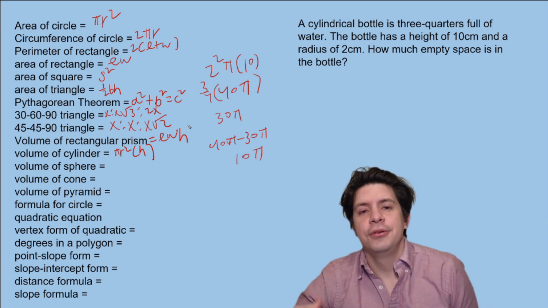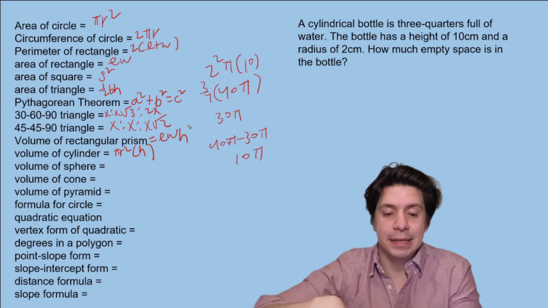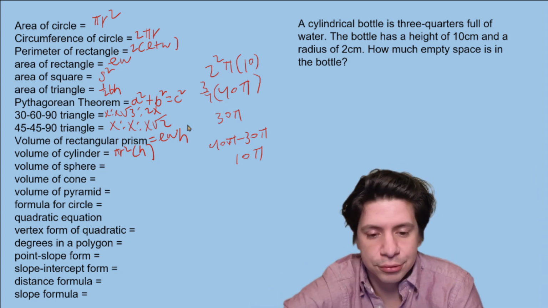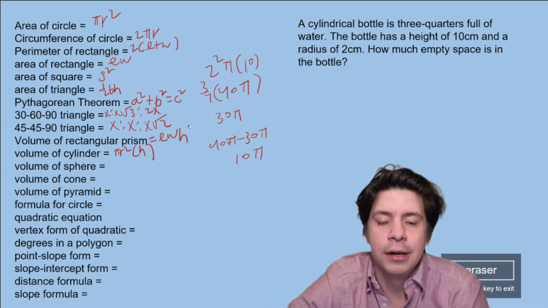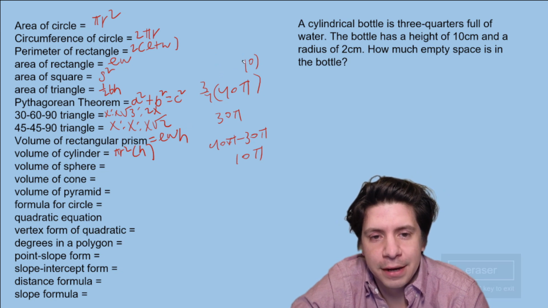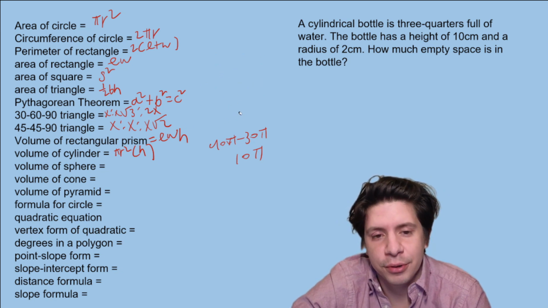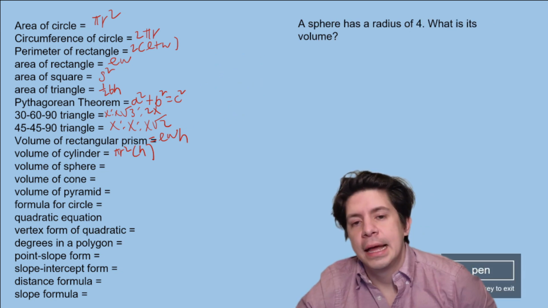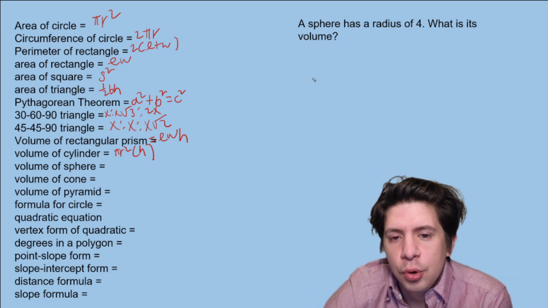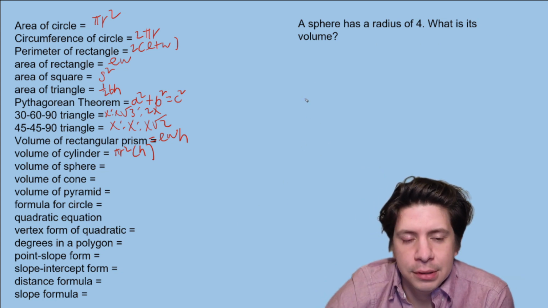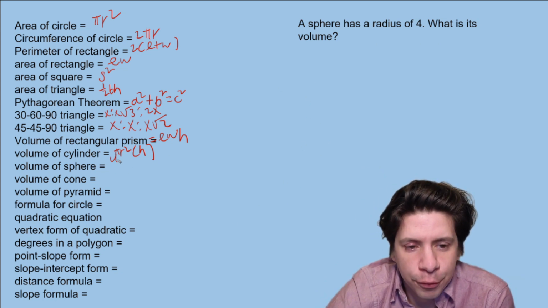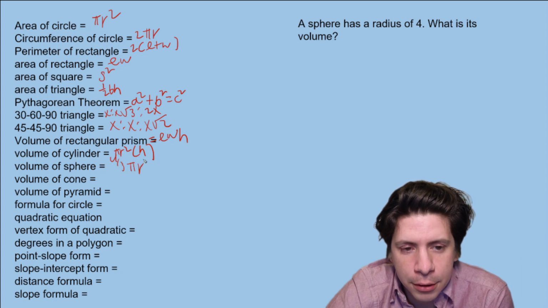Okay, so you can see how the equations are stacking together. That's how usually the SAT works, where you stack equations together to find answers. But you need to know the equations before you can really stack the equations. And now we have a sphere that has a radius of 4. What is its volume? So volume of a sphere is 4/3 pi r cubed.